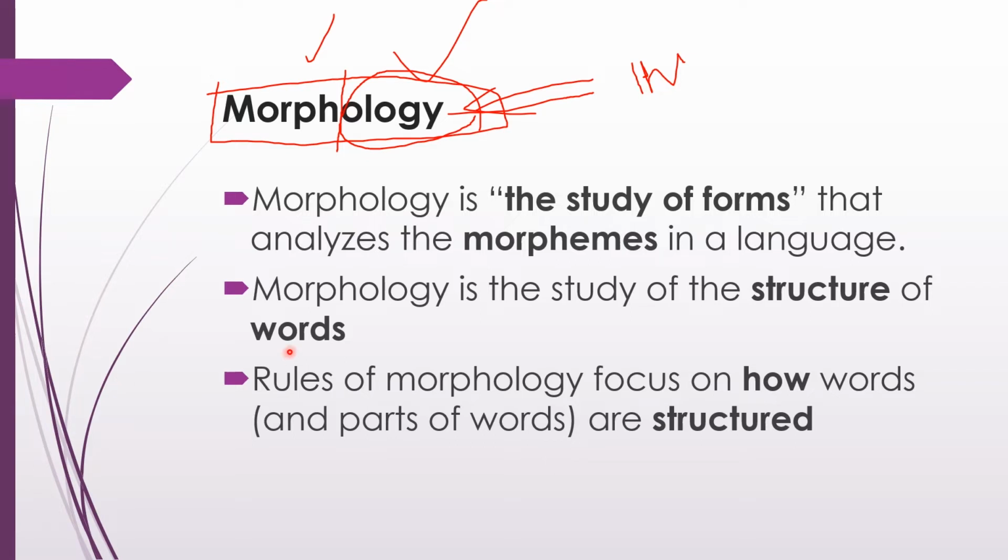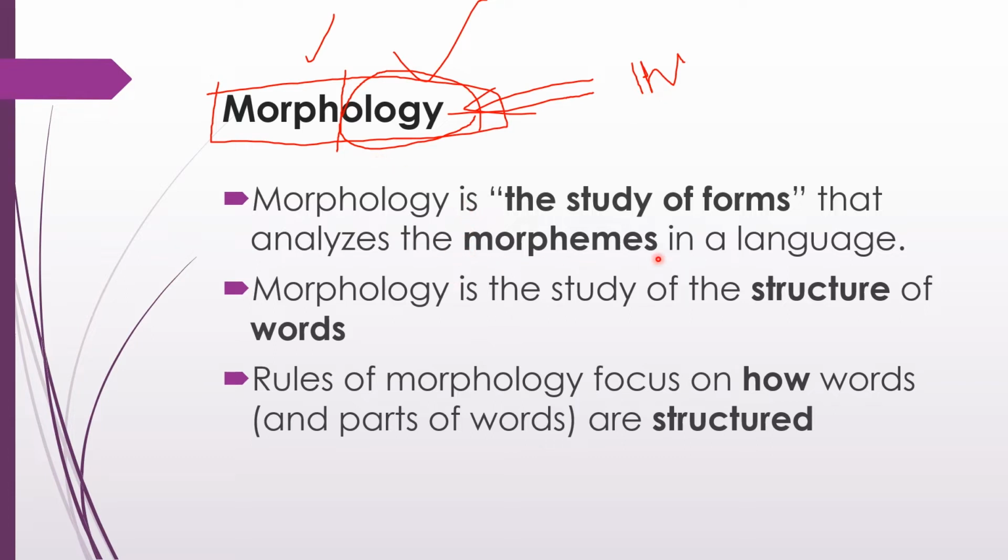So when we study morphology, we study the rules of morphology, focusing on how words and the parts of words are structured. As you have seen here, morph and ology, we have this kind of segments in other words as well. So we'll be looking at that. That's why we need to understand the basic unit of morphology, and that is morphemes.